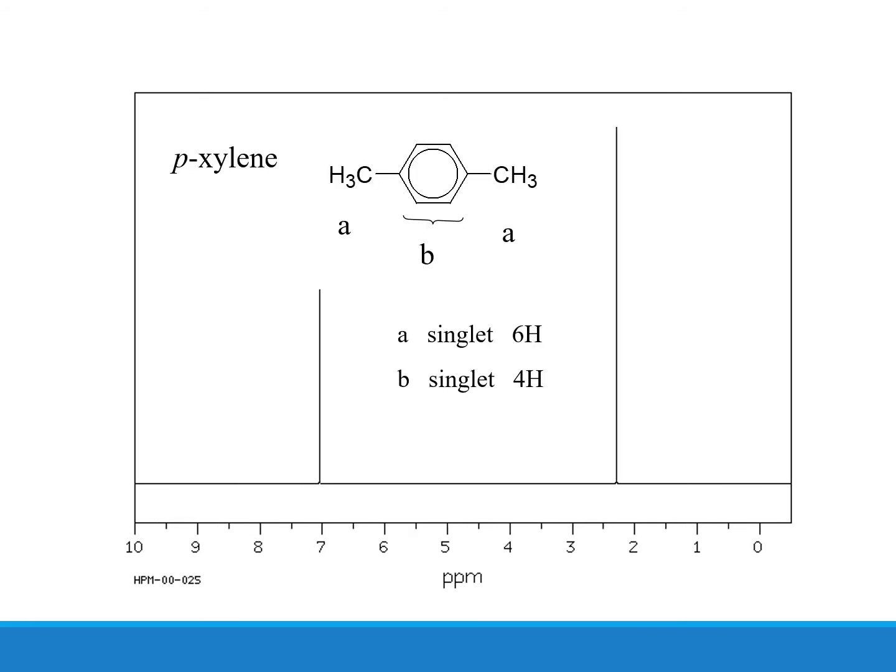In paraxylene, we have 2 kinds of hydrogen: the hydrogen that belongs to the aromatic ring and the hydrogen in the methyl groups. So we will have two peaks for this, which are all singlets.